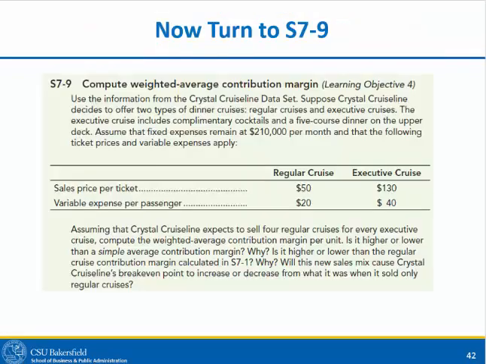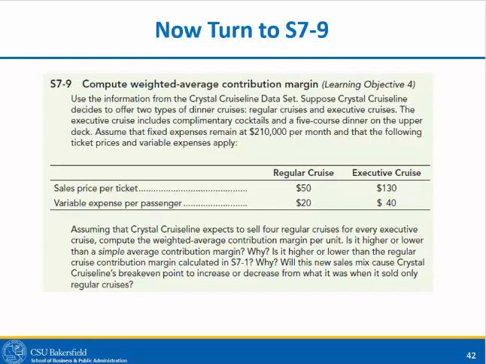Now let's take a look at one specific example. We're going to apply what we have done in the prior question to this example to further understand this particular case. It's a similar case, the Crystal Cruise Line dataset, and assume that this company decides to offer two types of dinner cruises: regular cruises and executive cruises.